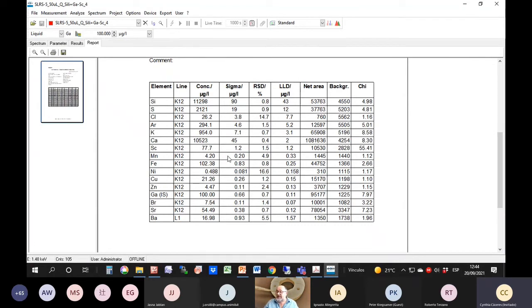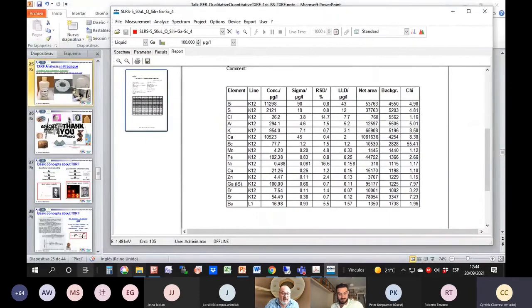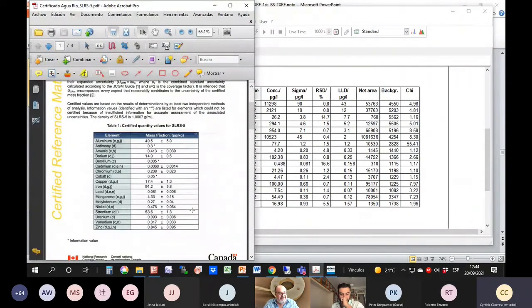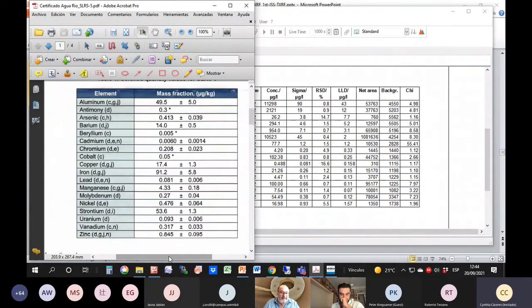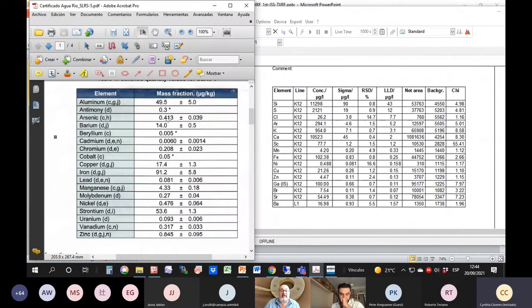We can compare with the certificate, but I think that is not necessary. Yeah, this is the reference. For example, for arsenic, which is particularly interesting, 4013 ppt in the certificate.